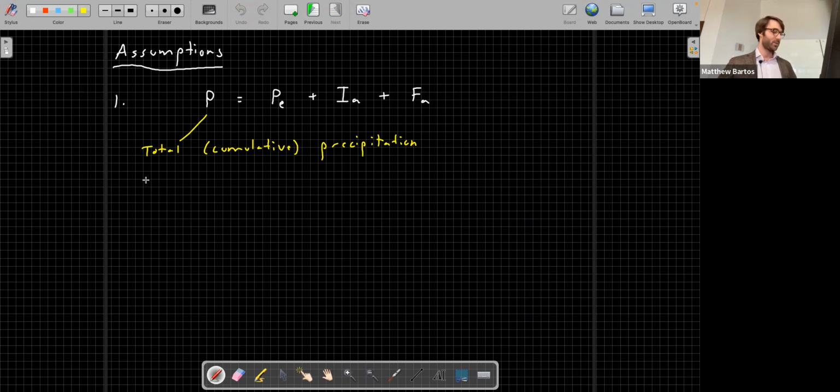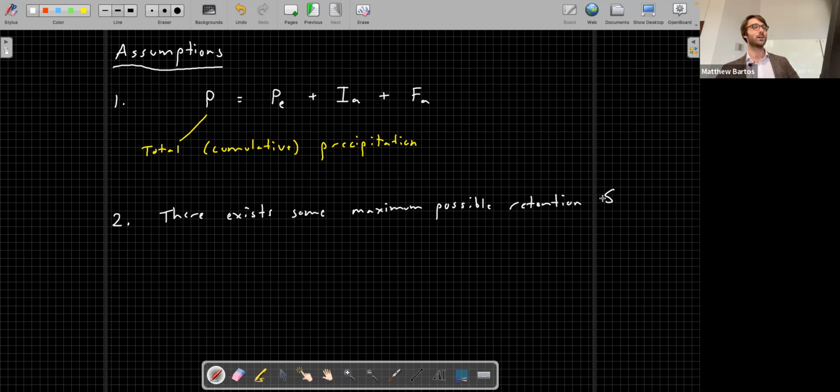Okay, the second assumption is that there exists some maximum possible retention, which we will call S. You can think of this as the total storage available in the soil.